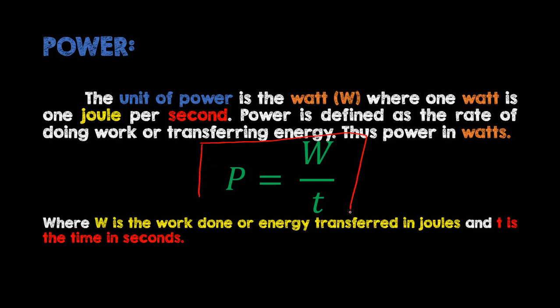P is equal to W over T. W is work done or energy transferred in joules, and T is time in seconds. And P, power, is in watts. So the breakdown unit of watt is joule per second. Okay? So remember, power is in watts.